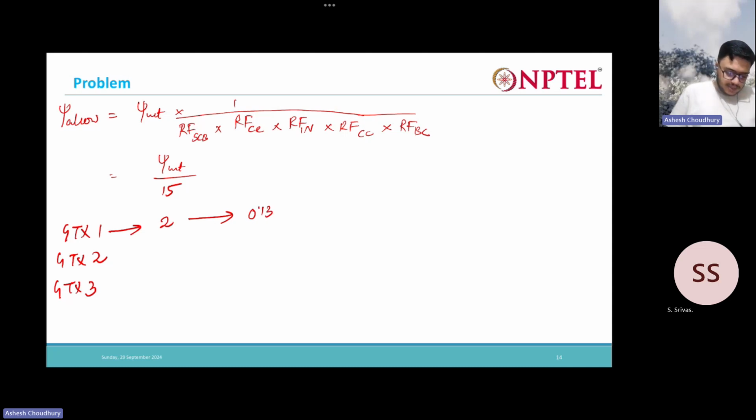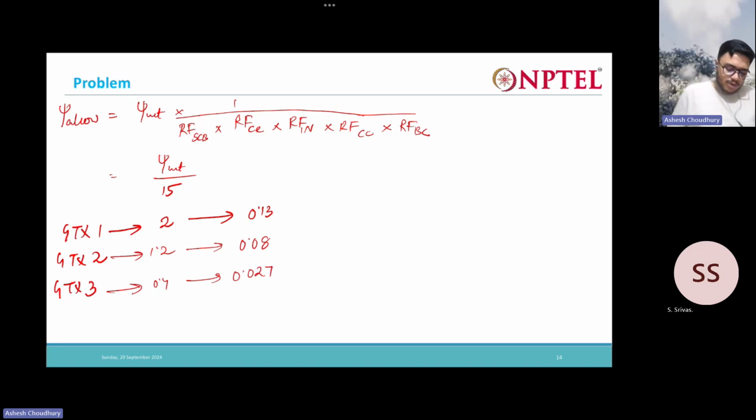Then for geotextile 2 we have 1.2, and 1.2 divided by 15 is 0.08. For geotextile 3 we have 0.4, so we have 0.027.